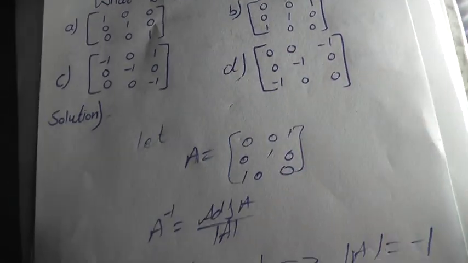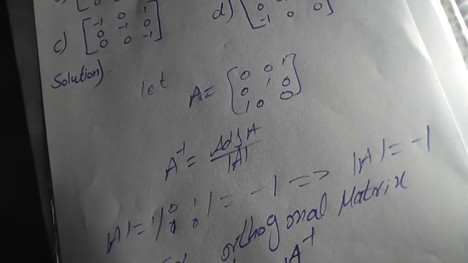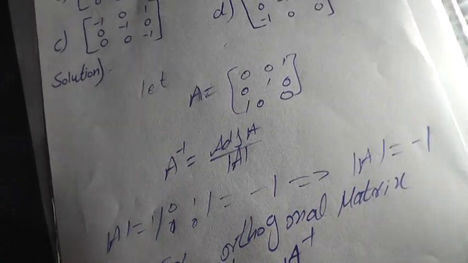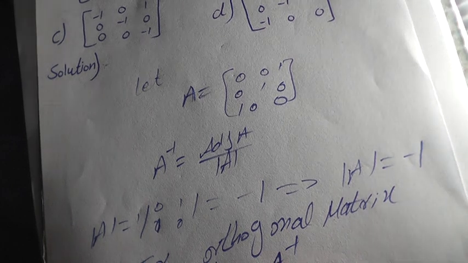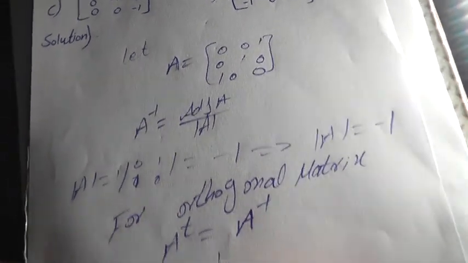So simply take the transpose of the given matrix. So A inverse is equal to 0 0 1, 0 1 0, 1 0 0.